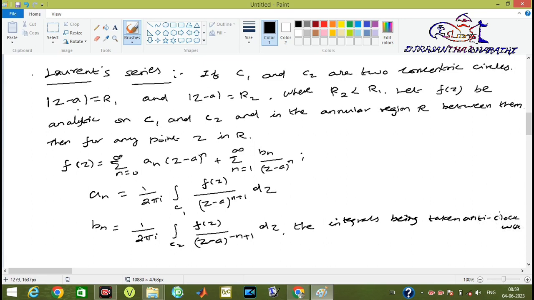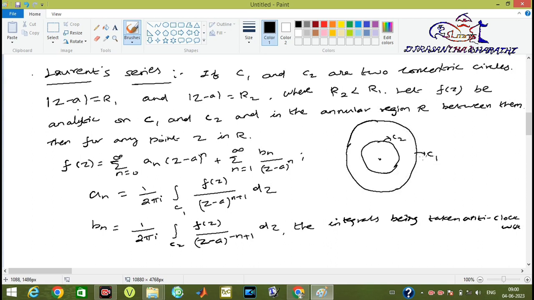Now to understand this, let me explain with a diagram. I have a point here and I am going to draw a circle. This circle is C2, and I am going to draw another circle with the same center, so this circle is C1.